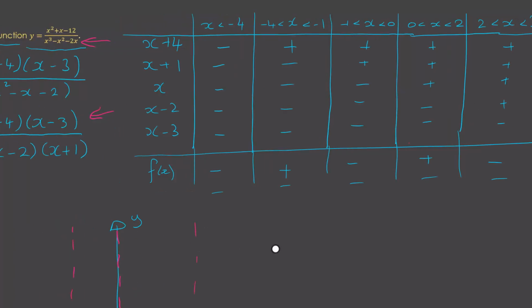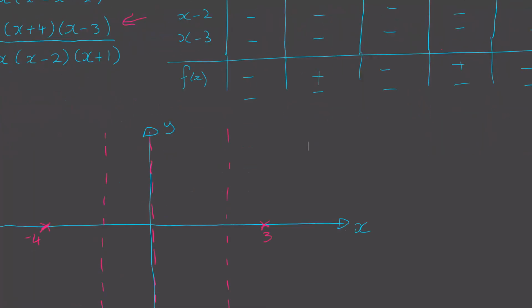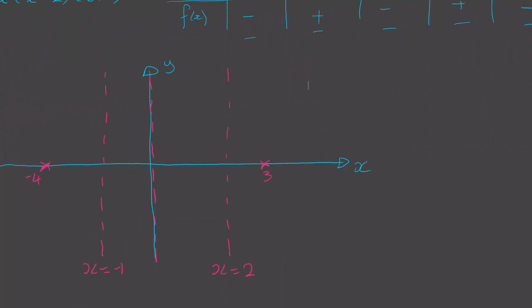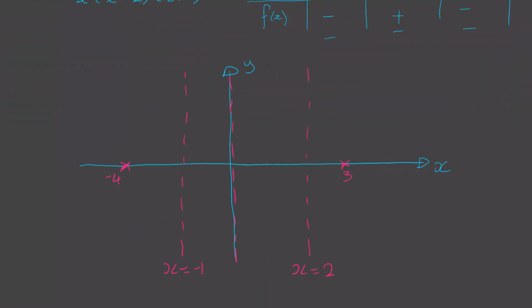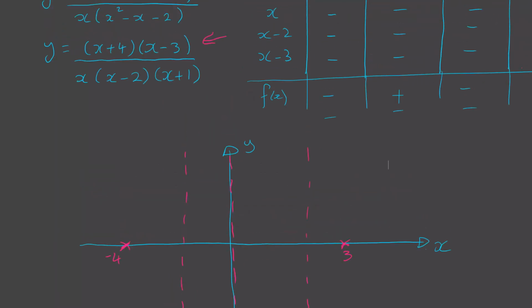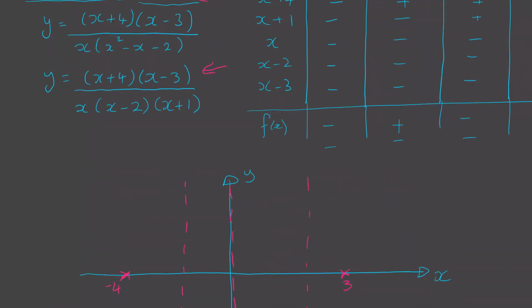So the leftmost part is negative, which means the graph will be below the axis. Once again, because the top is a squared and the bottom is a cube, when we go off to infinity, either positive or negative, it's going to head towards 0.